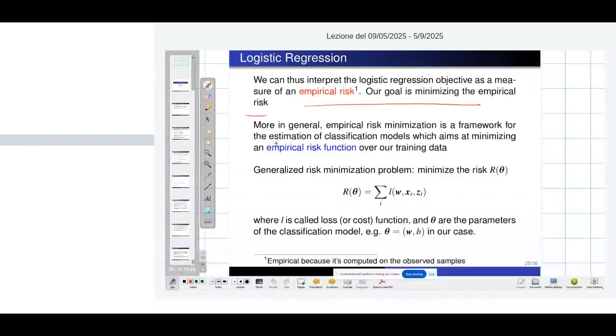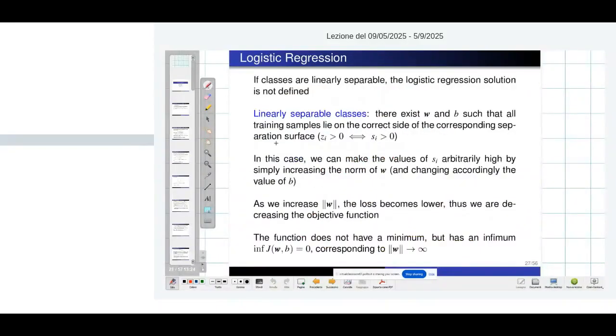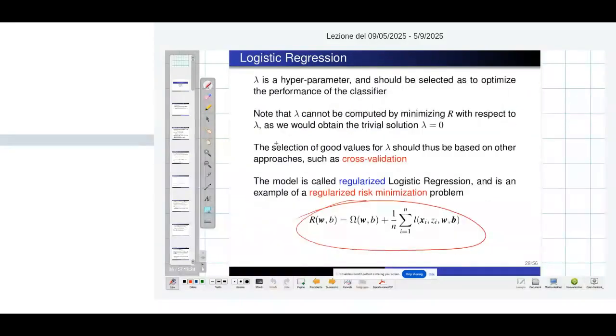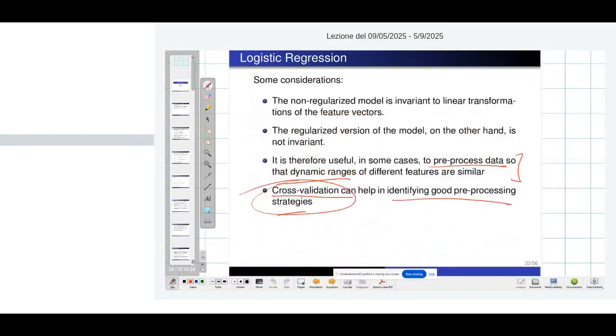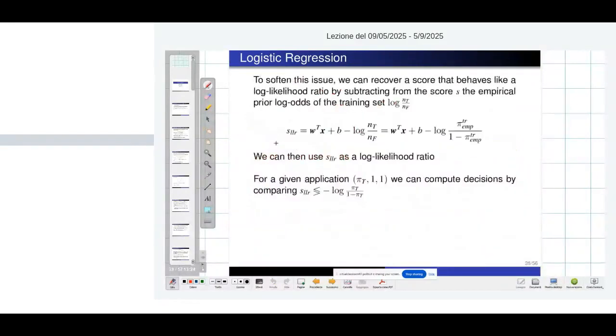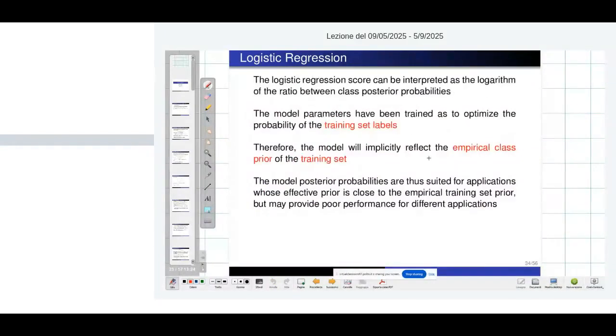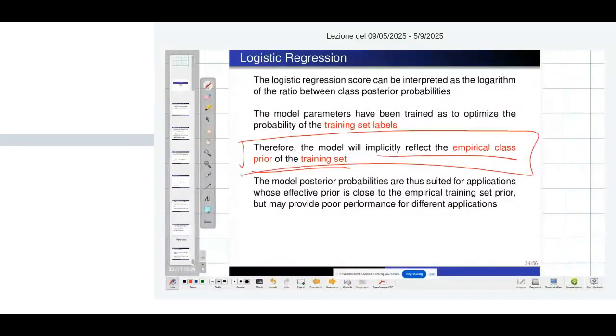Well, the model is optimizing the posterior probabilities for our training set, which means that our model is actually embedding a prior that reflects the class probability, and our loss is an average, so it's the maximum likelihood for the training set data.